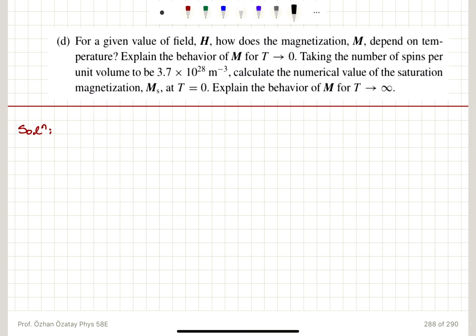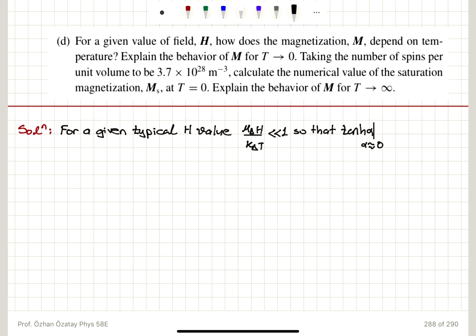Now we know that for a typical external magnetic field in the lab, typical H value, we have this approximation: alpha, μ_B H divided by kT, is much less than 1. So it's a very small number, so that we can use the Taylor series expansion of tanh alpha as alpha gets closer to 0.